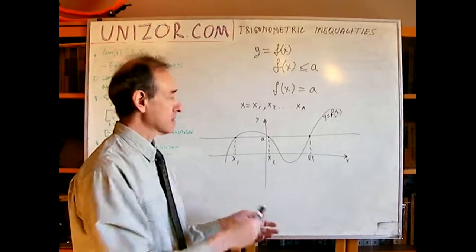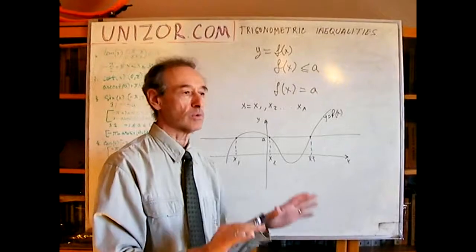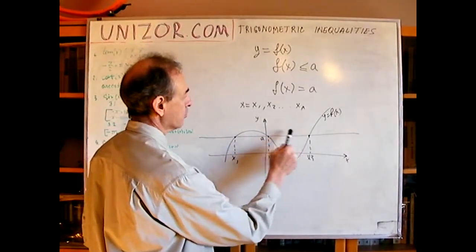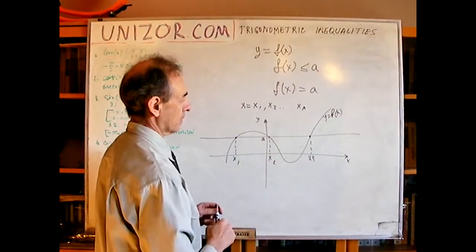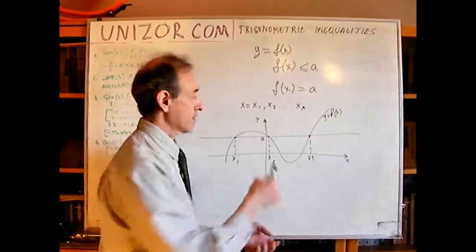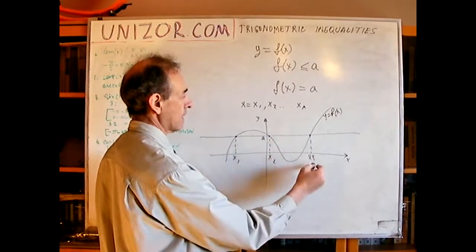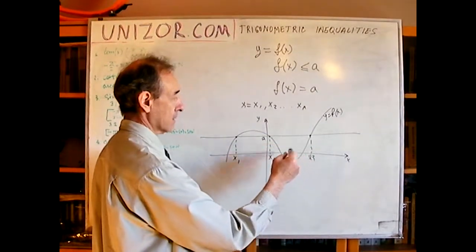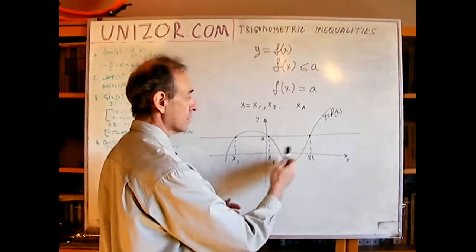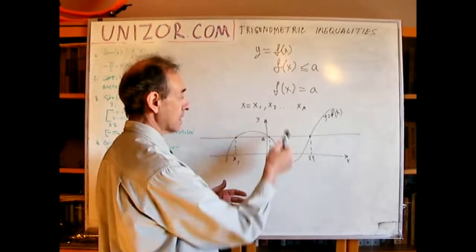It's obvious that for a smoothly behaving function, and we are considering only smooth functions, if I have, let's say, these two points, then the function in between these points should be either less or greater than this particular level, right? So if at x2 it's equal to a and at x3 it's equal to a, and there are no points in between where it's equal to a, so these are two consecutive points where f of x is equal to a, then in between it's either less or greater than a.